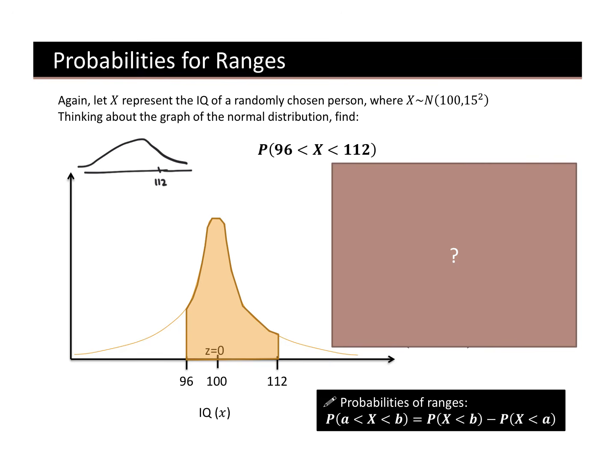112, if I find the probability of less than 112, yeah? So the probability of x being less than 112, and I take away this probability here of x being less than 96, I'm left with this part, which is the part we wanted.